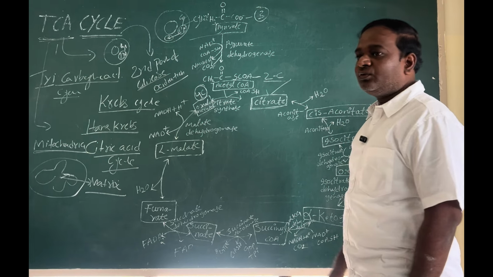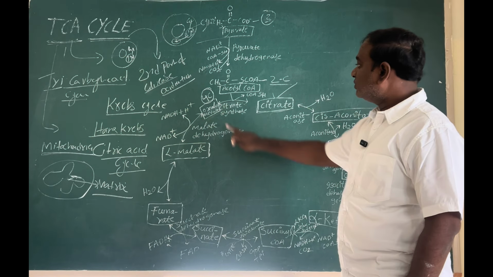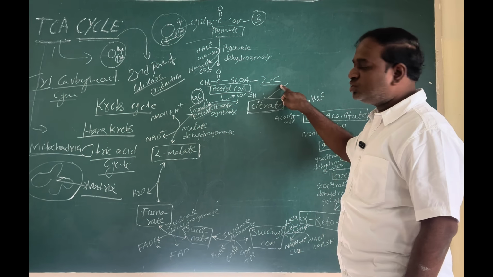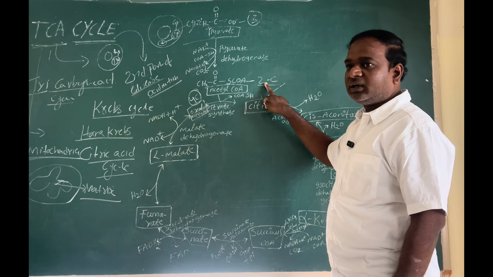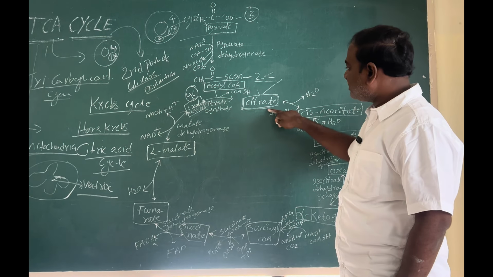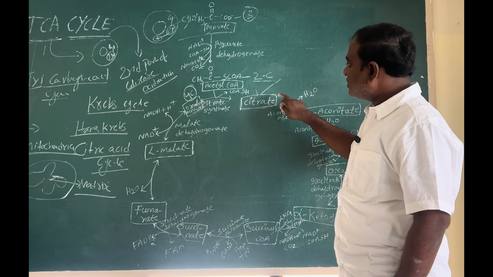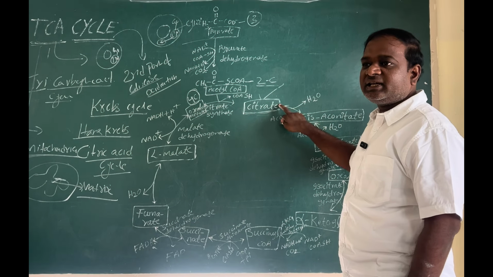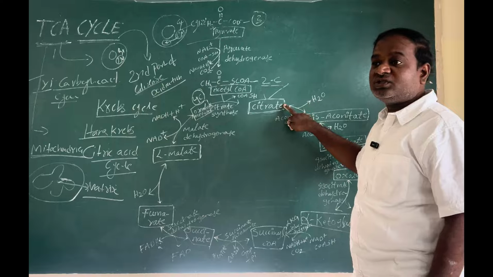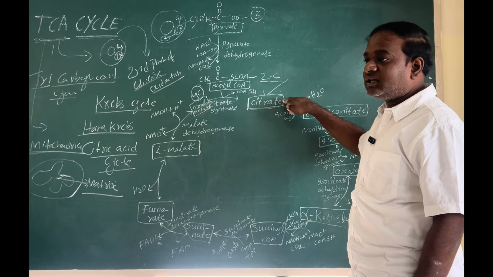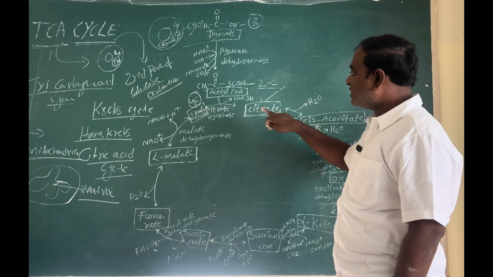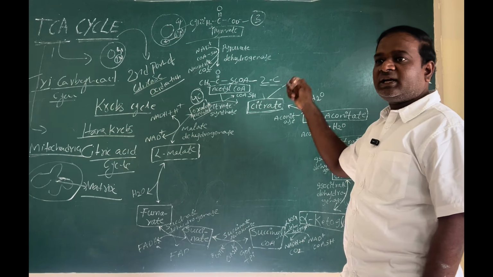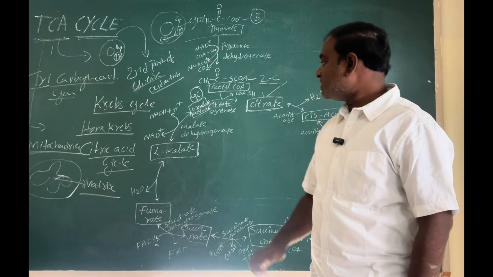Oxaloacetate is a 4-carbon compound and acetyl CoA is a 2-carbon compound. 4 carbon plus 2 carbon forms the 6-carbon compound citrate. That's why we call it the citric acid cycle, as citrate is the first intermediate in the TCA cycle, and it contains 3 carboxylic acids. That's why we call it the tricarboxylic acid cycle.